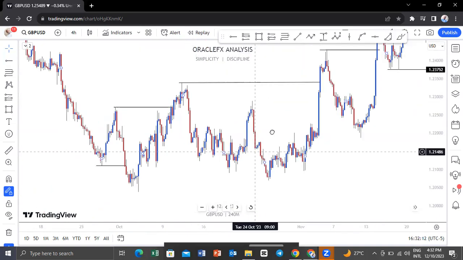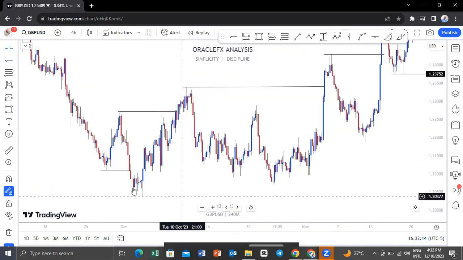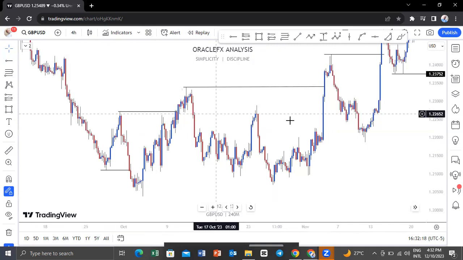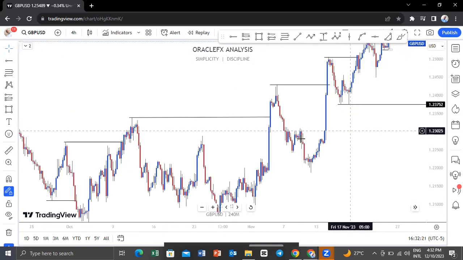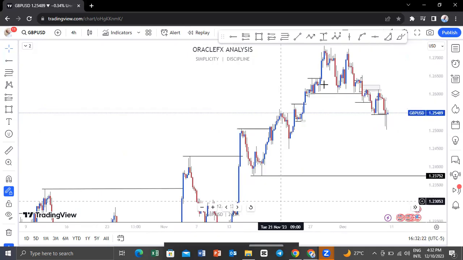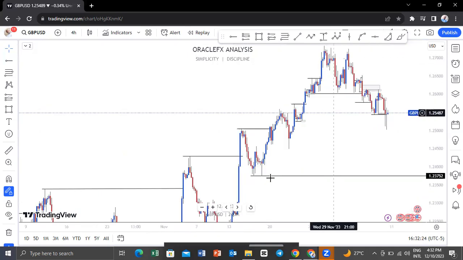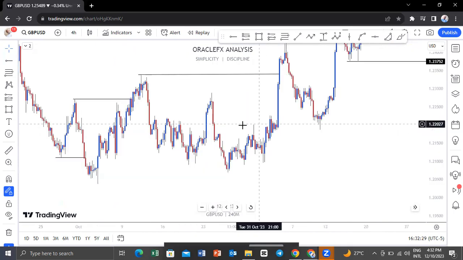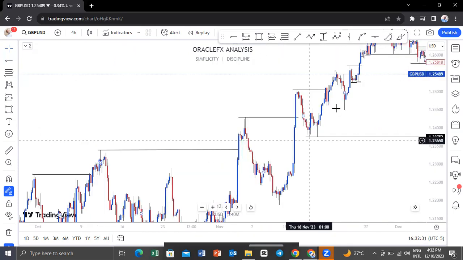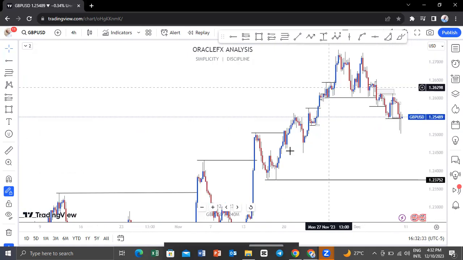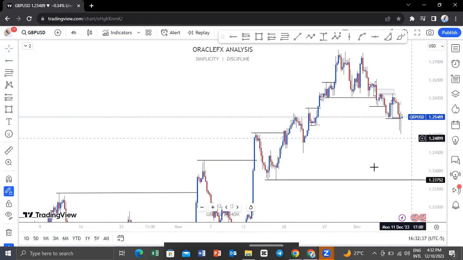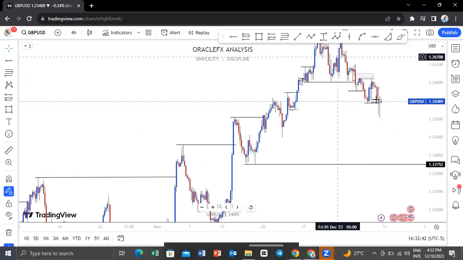See when this change of character happened here after the last break to the downside. We had buyers stepping in. I can see market buy up until this point. I can see the difference, starting from the bottom, we have massive buys, but then the buys started reducing before sales came in. But then it's still the same thing. See how price is breaking structure to the downside.